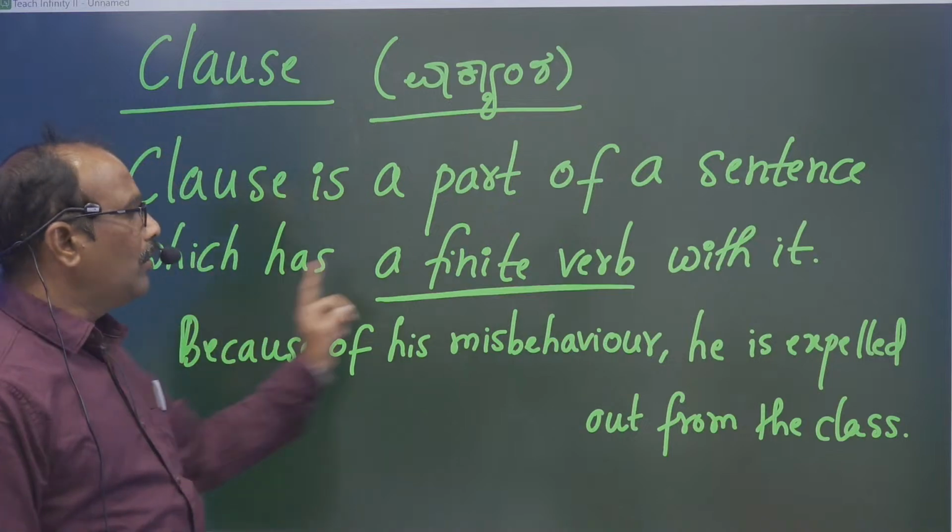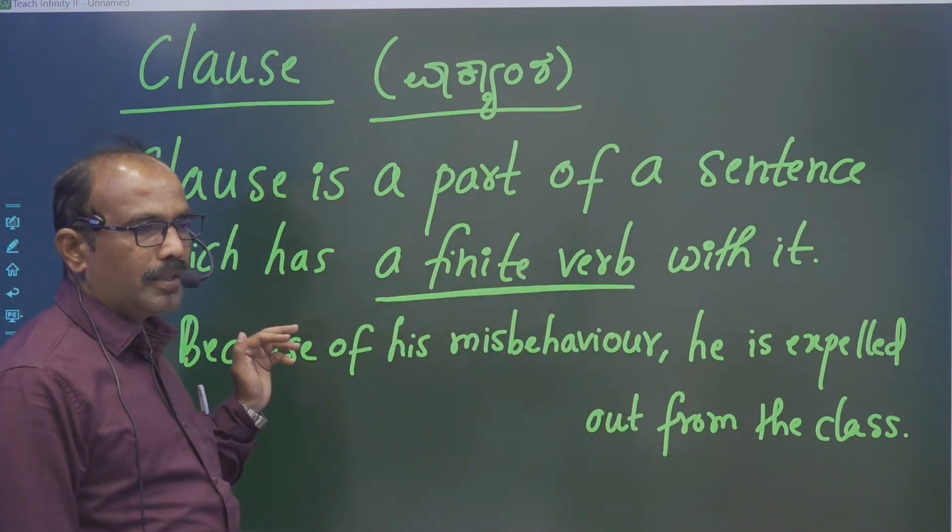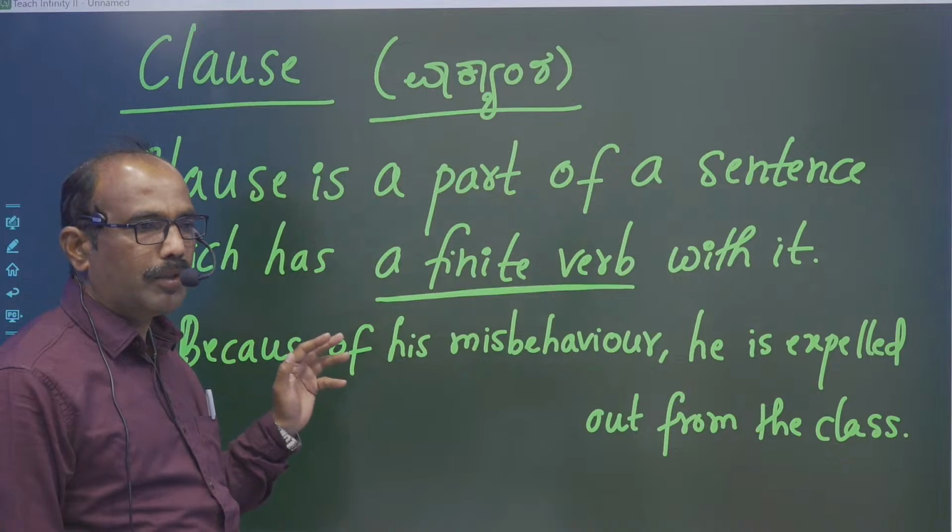So this is a whole sentence. This is considered as a whole sentence. ಇದು ಇಡಿಯಾಗಿರುವ ಒಂದು ವಾಕ್ಯ ಆಗಿದೆ.